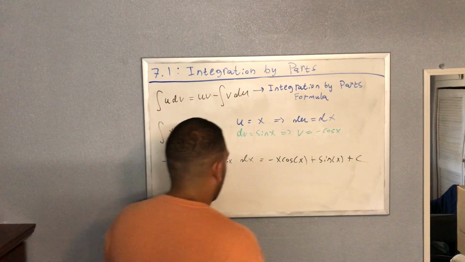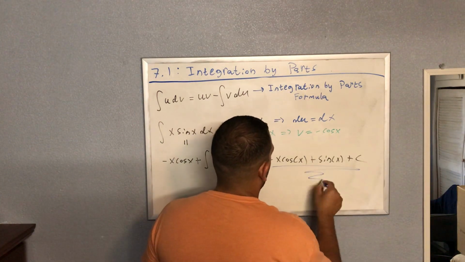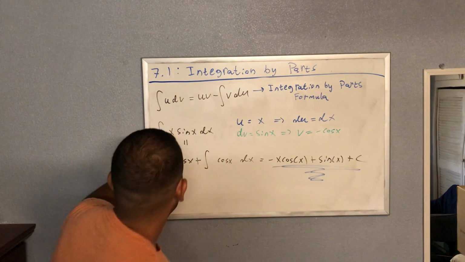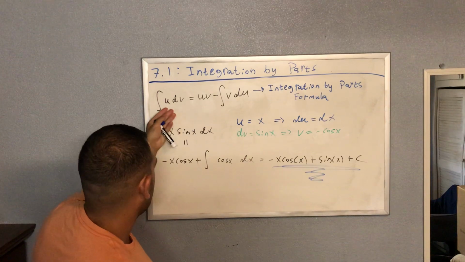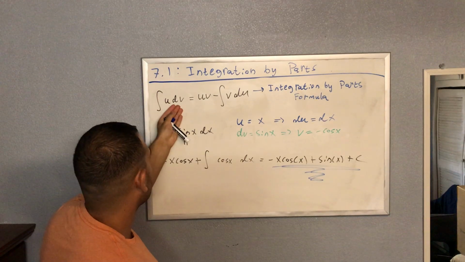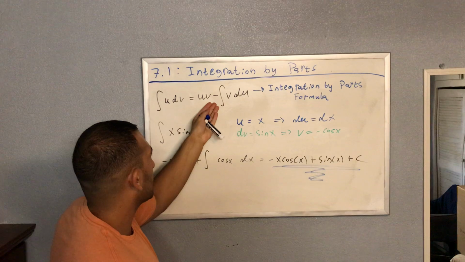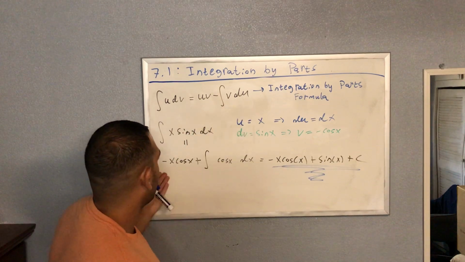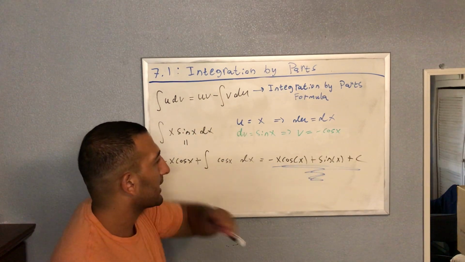And this is the final answer. So integration by parts allowed us to rewrite this integral, an integral of u times dv, in the form uv minus the integral of v du. And then we just cranked it out from there.